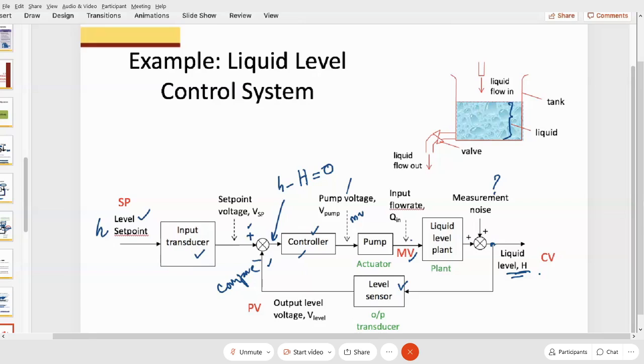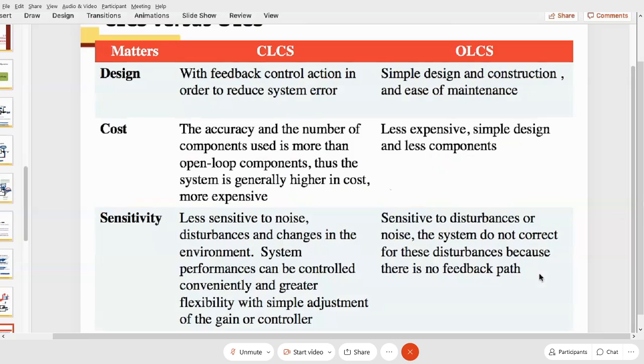Maybe you don't know the actual specification of the component, but we know we need a pump, a heater, a motor, and a level sensor. Maybe you don't know what type of level sensor or temperature sensor, but we know we need the level sensor to measure the level. So this is the basic idea that you should know.